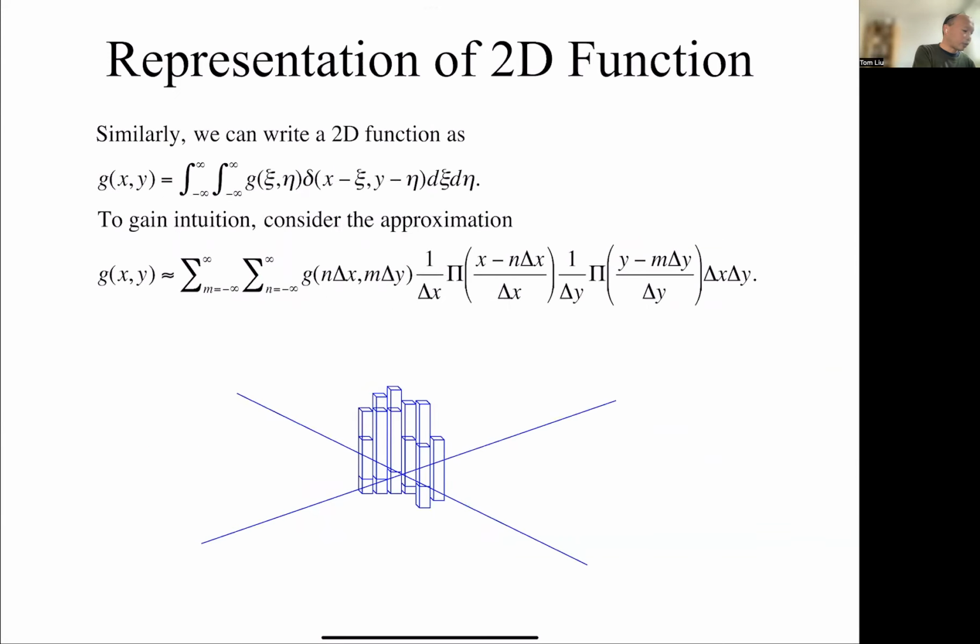Similarly, for any 2D function, we can write it as a double integral of the shifted Dirac delta functions multiplied by the value of the function at the location where the Dirac delta function is active. Once again, the intuition comes from looking at a discrete sum. You're basically taking very narrow 2D rect functions and multiplying them by the value of the function at that location. As long as you have that intuitive picture in mind, that will take you a long way.